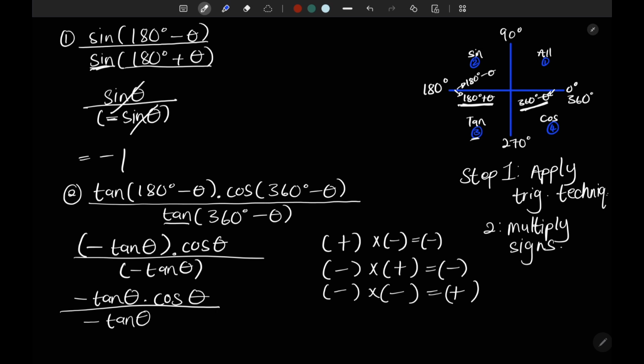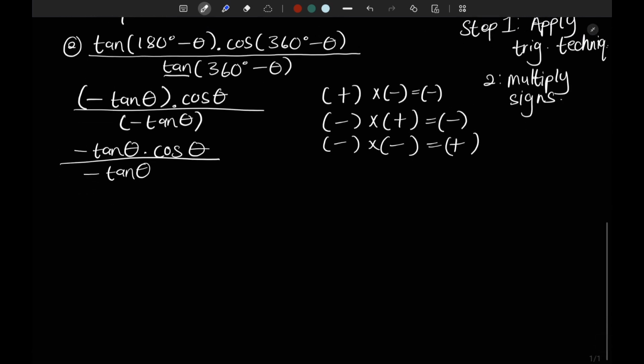You guys know the terms are separated by the plus and the minus sign, right? So we only have one term in the numerator and in the denominator, therefore we are allowed to cancel. We have a negative which cancels with a negative, and we have a tan theta, therefore we are allowed to cancel. We are left with cos theta. So your answer here is cos theta.